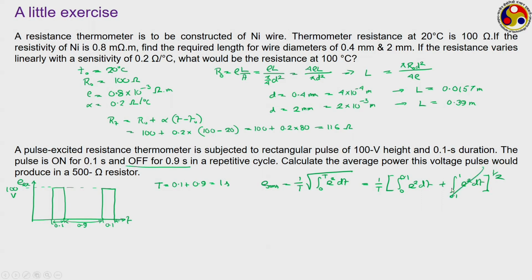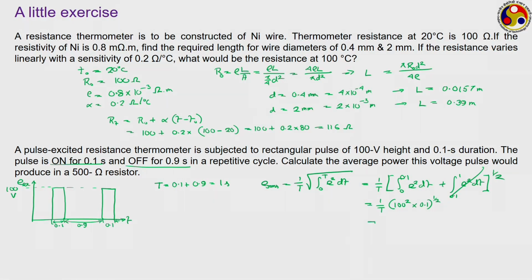So, this part cancels out, and during the first part 0 to 0.1 the signal is on, having a constant value of 100 volt. So, E square is a constant during that part. So, it becomes a very simple situation, 1 by T into 100 square into 0.1 and T is equal to 1, of course whole to the power half.